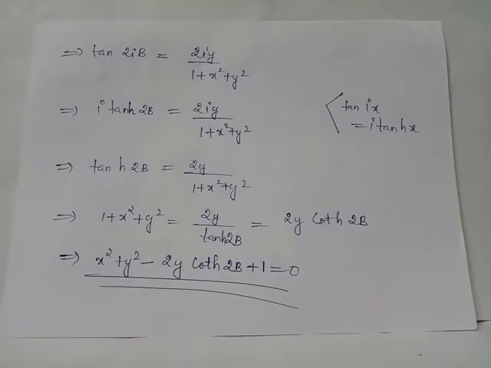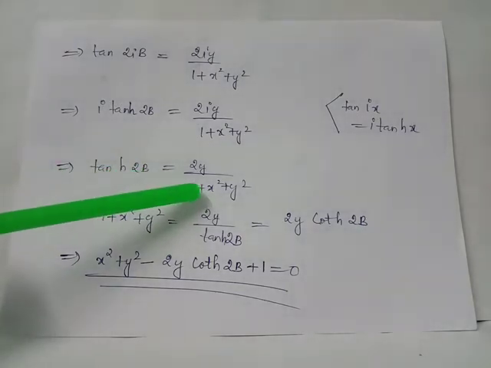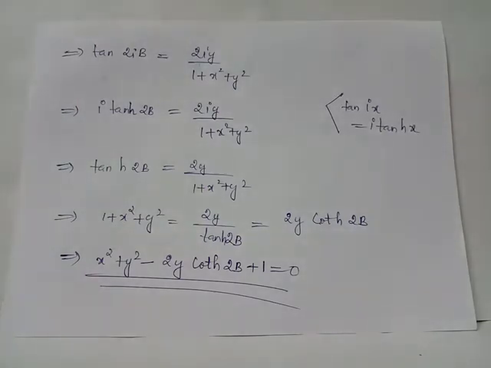Now we can cancel i from both LHS and RHS. When we bring tanh 2b as the denominator in the RHS, since we are looking for coth 2b to appear in our result, we can bring 1 + x² + y² as numerator in the LHS.